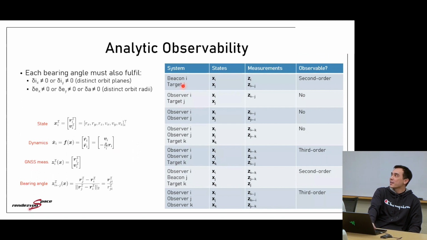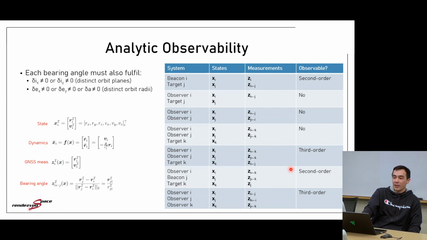So I guess what we can do then is list a couple of examples of different types of system of 2 and 3 spacecraft, whether they contain beacons which have that absolute orbit knowledge, whether they have targets which are the passive objects, or observers which are taking the bearing angles, and list how many states they have to estimate, what type of measurement they have to estimate it with, and decide whether the system is observable. It turns out if the system has a beacon in it, it is second order observable algebraically, and if it has at least 3 bearing angles for 3 system objects, it is third order locally weakly observable.